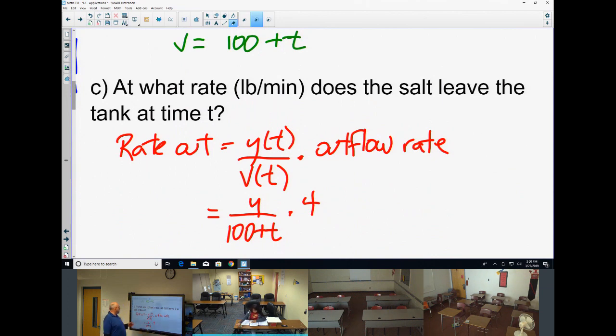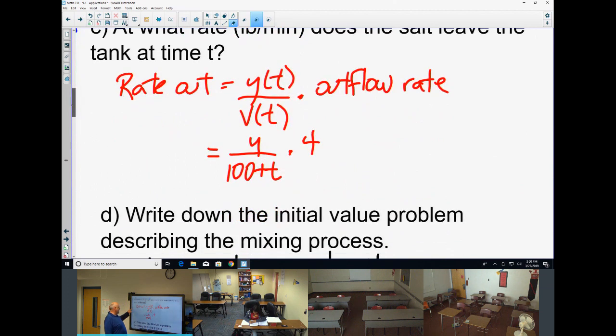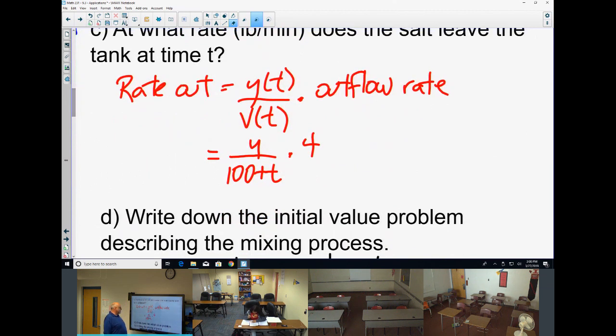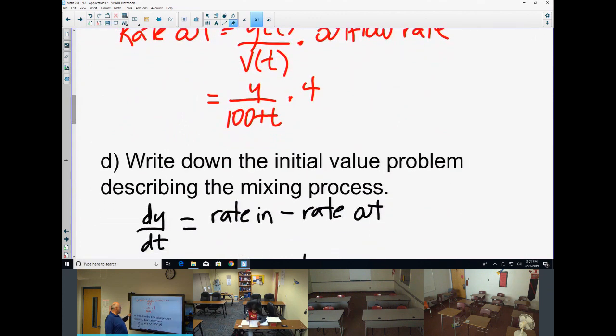No, I'm good. Okay. So now it says write down the initial value problem describing the mixing process. Okay? So that's where we do the inflow minus the outflow. So the change in the brine, dy dt over time, is the rate in minus the rate out.